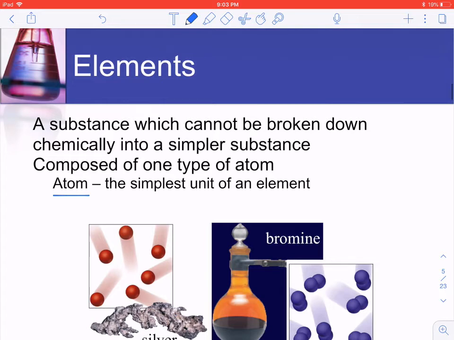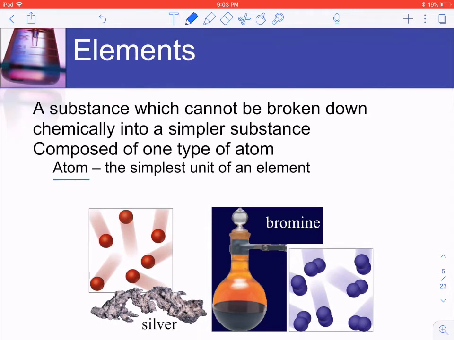So you see here on the left-hand side we have silver. Silver has letters Ag on the periodic table, and bromine has letters Br. And one of the things that we'll talk about is that Br actually always exists in pairs of two. Make that a 2.